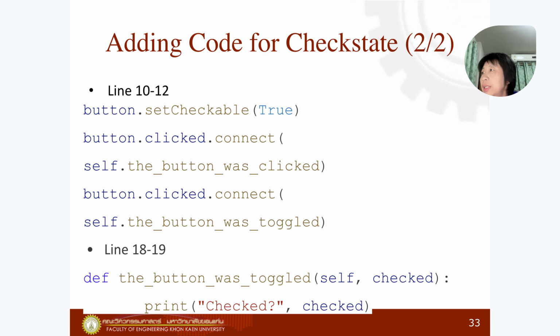Here you can see we have the checked variable. At lines 10 to 12, we call the method setCheckable to be true, because the default value is false. And we also connect the clicked signal with two slots, the button was clicked and the button was toggled. In the button was toggled, we pass the value of the variable checked and print the value in this method.